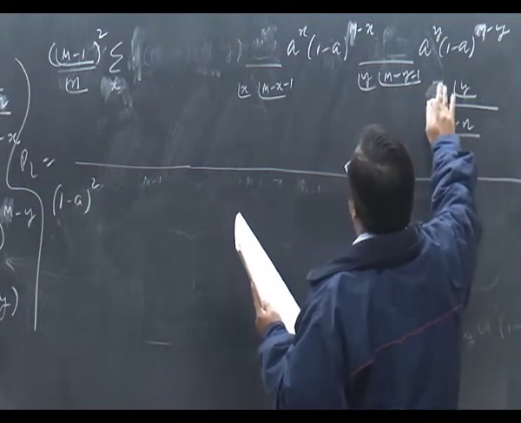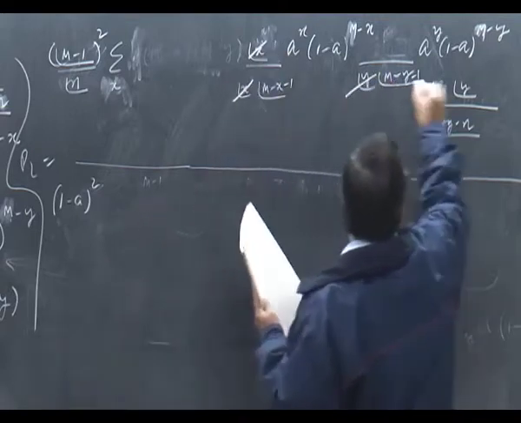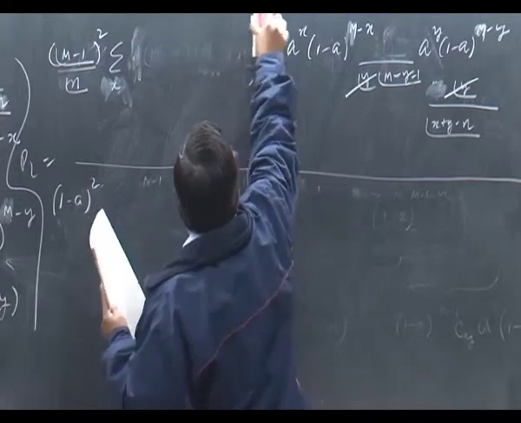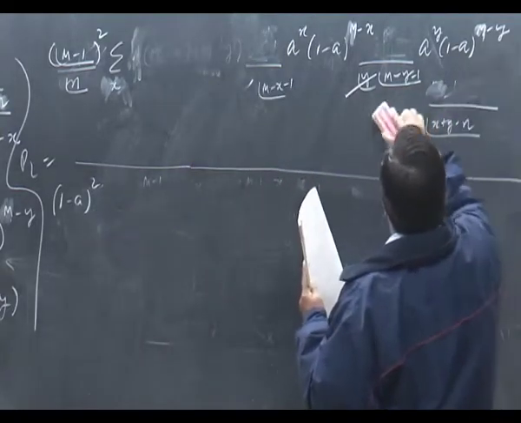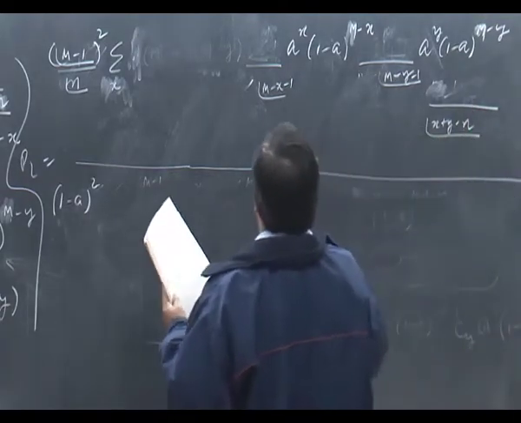This x factorial cancels with this, y factorial cancels with this. This is what you have. So I am just going to rewrite it.